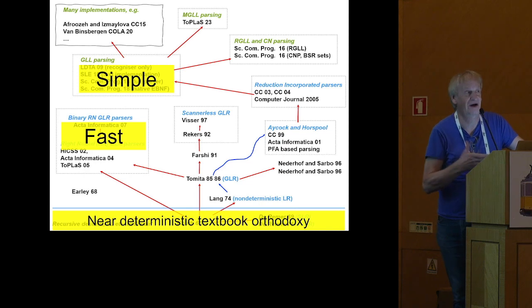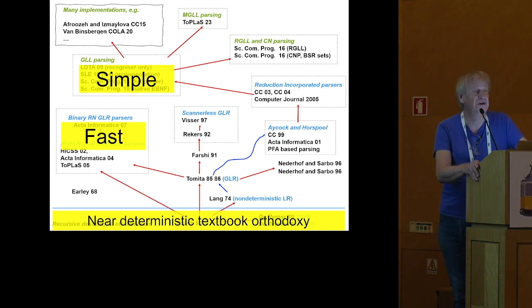Well, obviously, I have implemented it, but I'm not aware that anybody else has had a go at it, even though we think it's probably the fastest thing that you're going to find. So instead, we have generalizations of LL parsing, the stuff that's in green up there, and the selling proposition for GLL is that it's simple to understand.